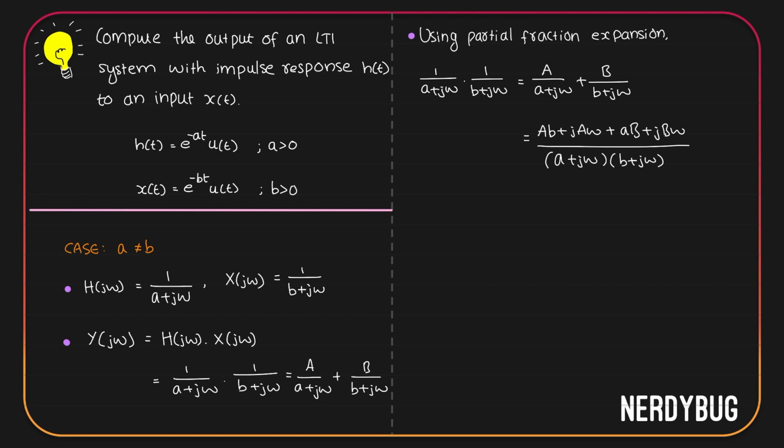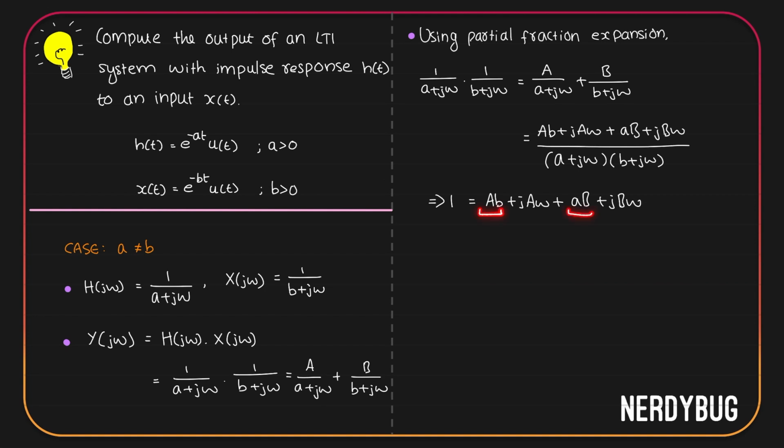In the numerator, we have 1 on the left hand side and we have this whole thing on the right hand side. In the denominator, here we have a plus j omega into b plus j omega. Here also we have the same. So if the denominators are equal, then the numerators should also be equal. So we can write 1 is equal to ab plus j a omega plus ab plus j b omega.